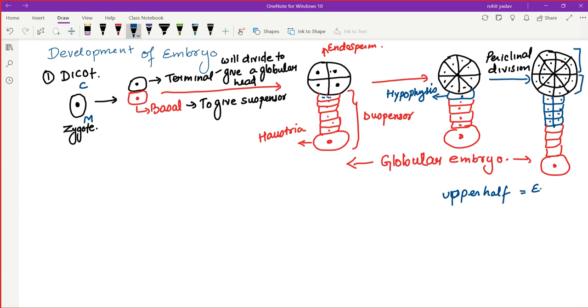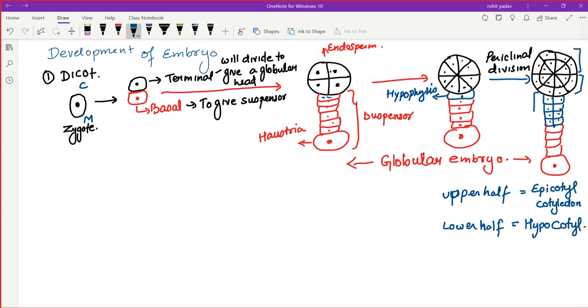It will give rise to the epicotyl region plus the cotyledon which we have in the seed. If we are talking about the lower half, it give rise to the particular hypocotyl. Okay, it will give rise to what? It will give rise to the hypocotyl region.